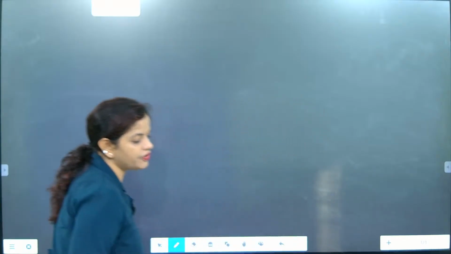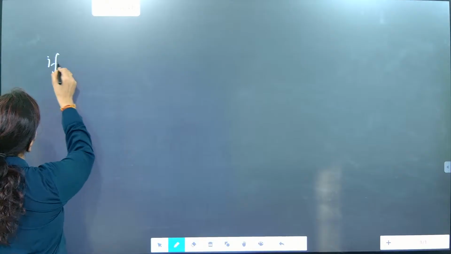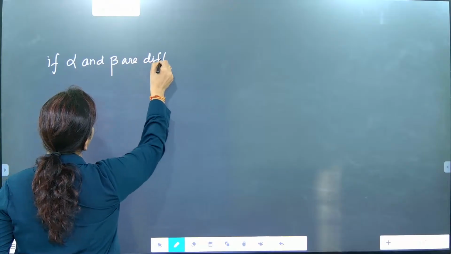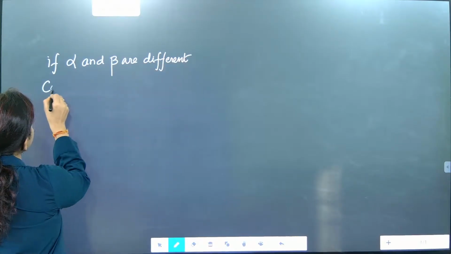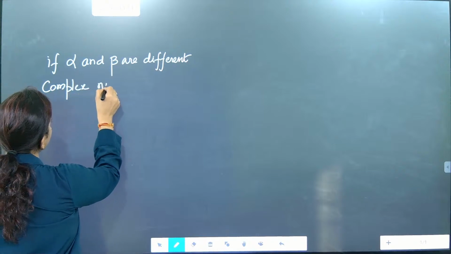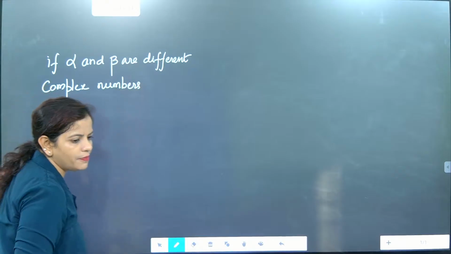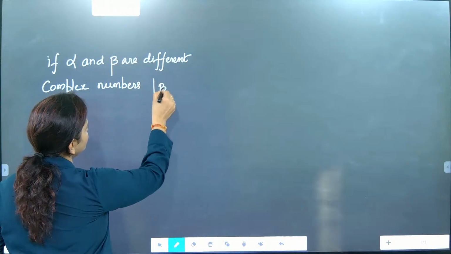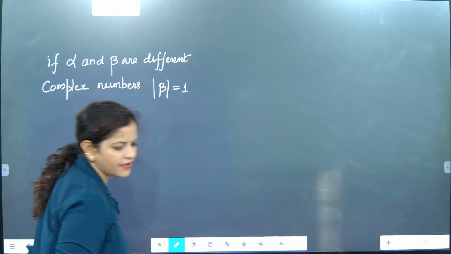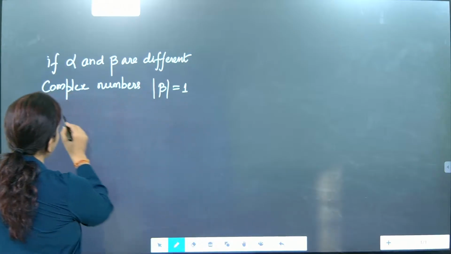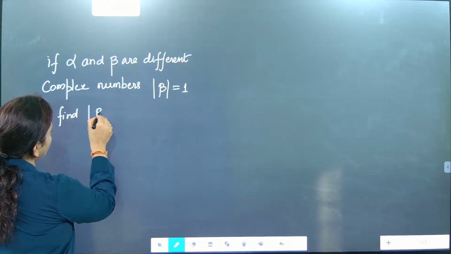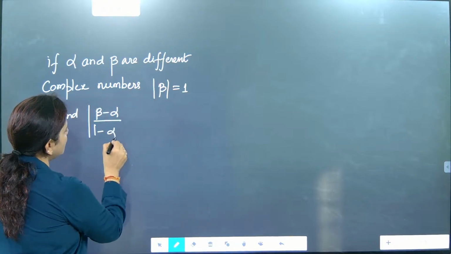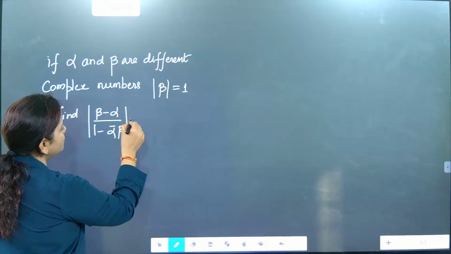Okay, so if alpha and beta are different complex numbers, alpha and beta are different complex numbers, and after that they have given that modulus of beta is equal to 1, modulus of beta is 1, then we need to find the value of the modulus of (beta minus alpha) over (1 minus alpha bar beta), that is conjugate of alpha, into beta, is equal to what?